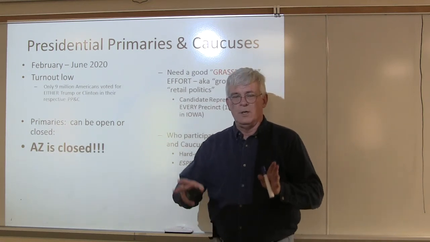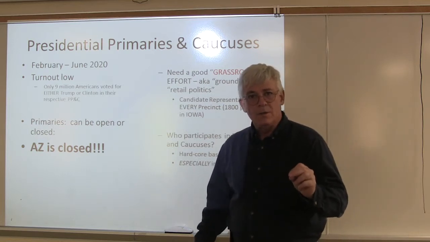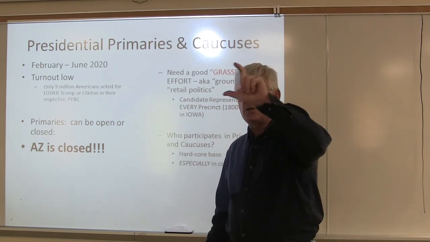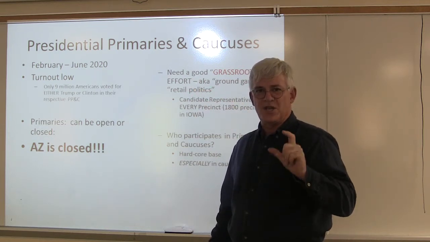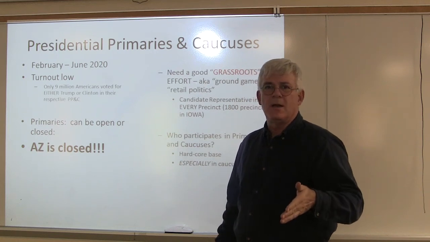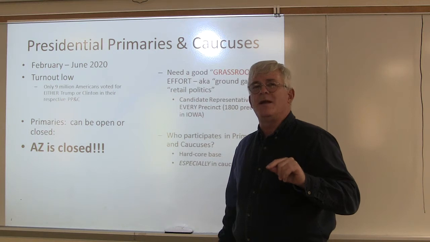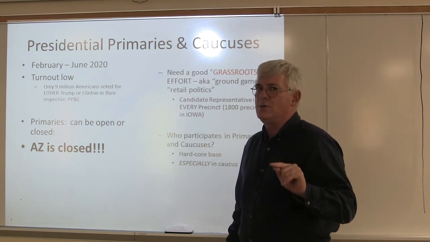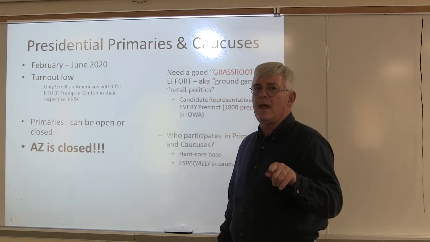This is huge. Our state primary in August, the one where we decide which Republicans will be on the general election ballot for senator or U.S. House of Representatives or governor or other state offices, is semi-closed, which means independents, non-affiliated people, can vote.